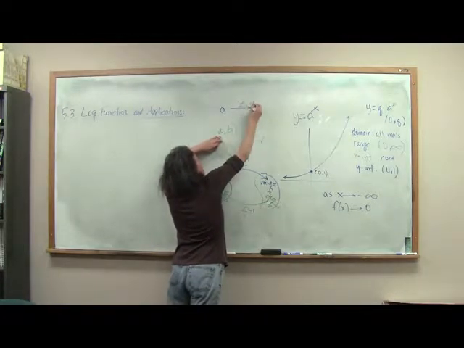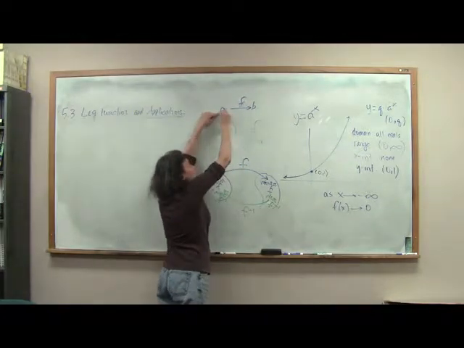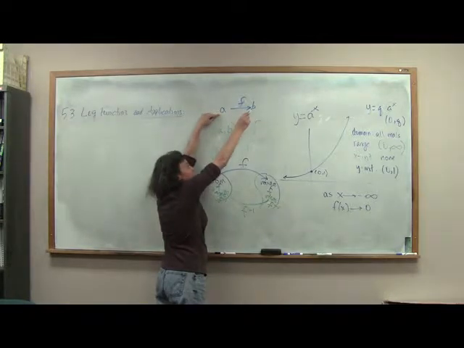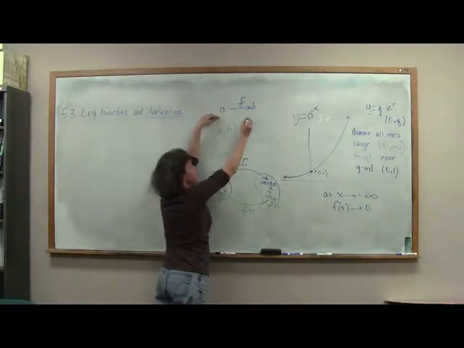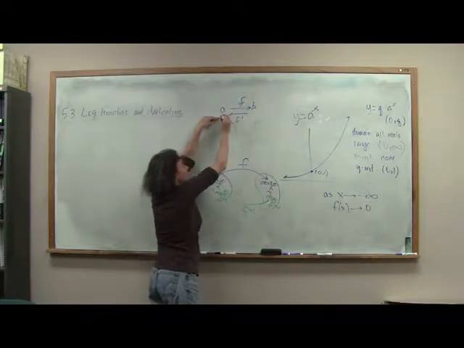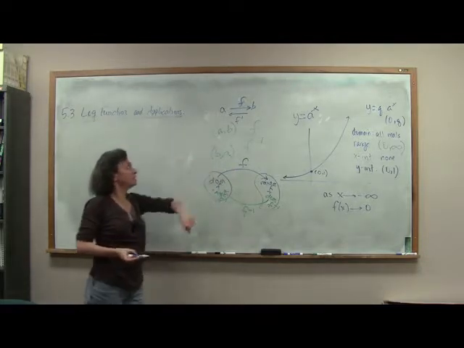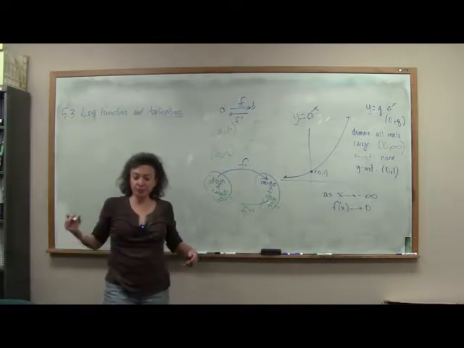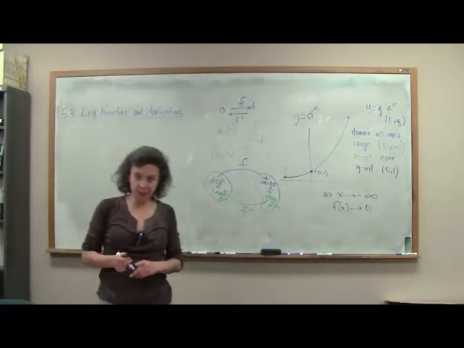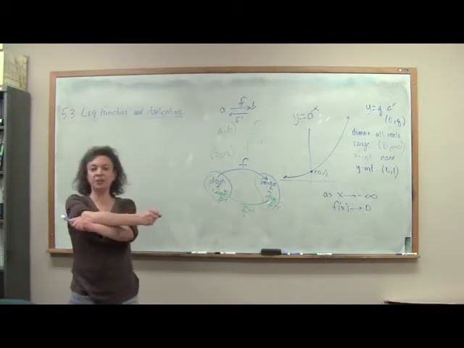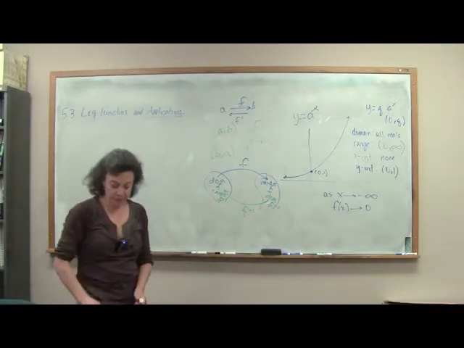We say that our function f takes a to b. Well, what is the inverse going to do? It's going to take b back to a. In other words, b is my input, a is my output. So, a beautiful thing to note when you're dealing with inverse functions is you're just swapping the ordered pairs.